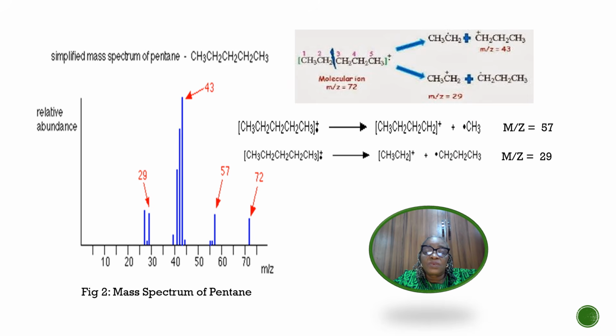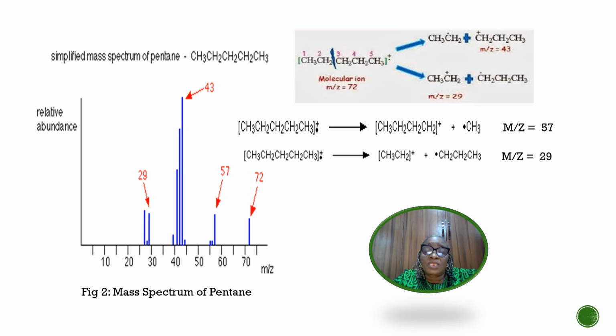Let us use the example of a simplified mass spectrum of pentane. The mass spectrum of pentane shows several peaks at 72, 57, 43, and 29. The molecular ion m/z is 72, which shows the total molecular ion of pentane, CH3, CH2, CH2, CH2, CH3.